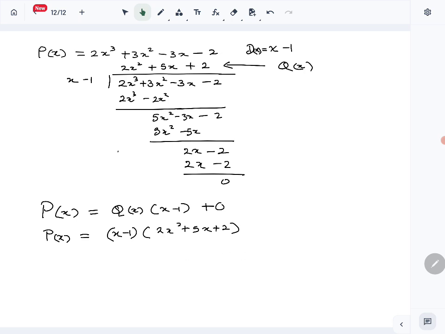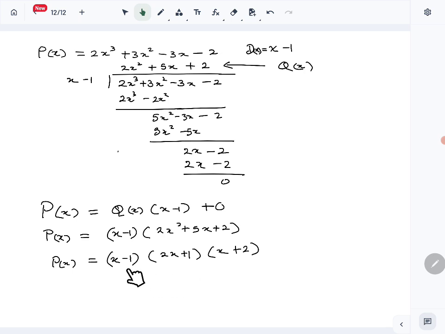So factor the quadratic to fully factor this. x minus 1, 2x and x, so you get plus 2, plus 1, correct? 2x squared, 5x plus 2. So this is the fully factored form for this polynomial, this cubic.